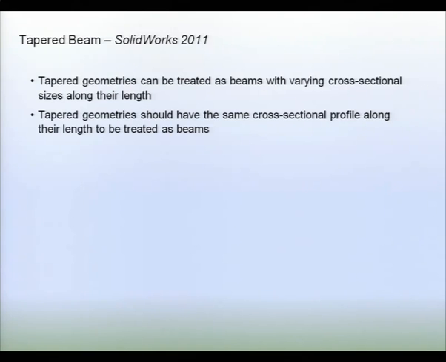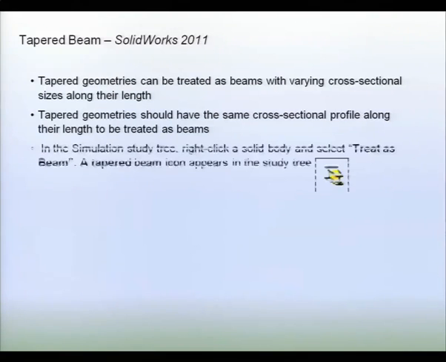Taper geometry should have the same cross-sectional profile along the length. In SolidWorks, we are going to see that it is only a right-click and treat as beam, because at the very beginning SolidWorks Simulation understood this as a solid element, but we now have the ability to treat it as a beam.